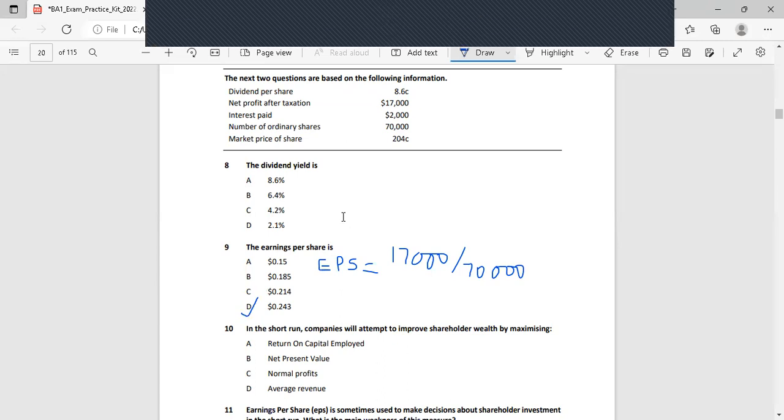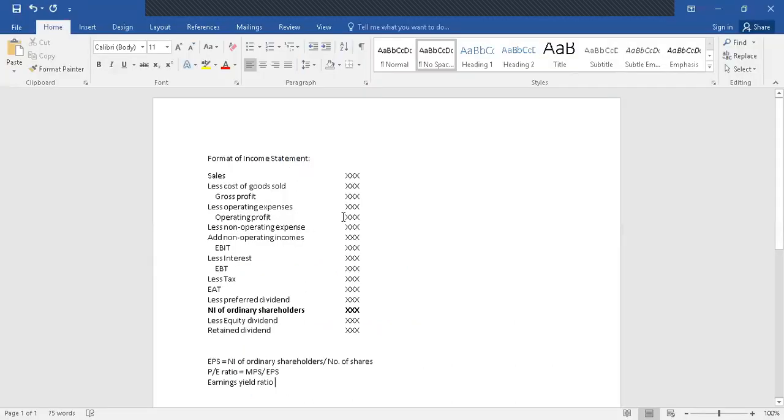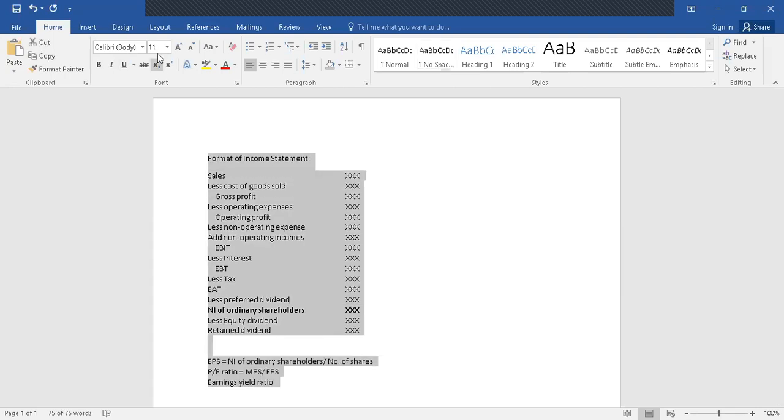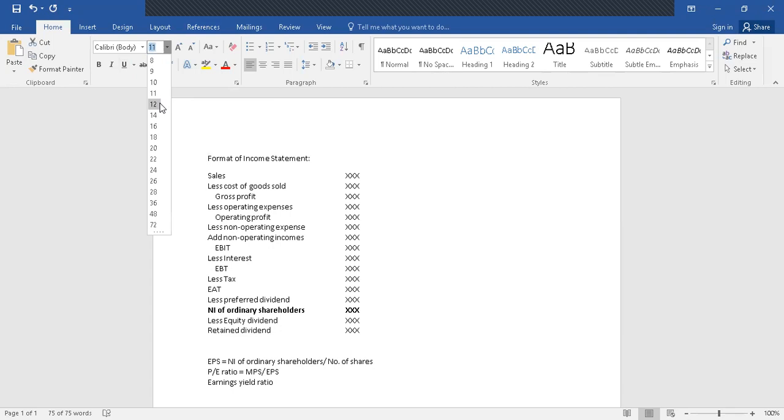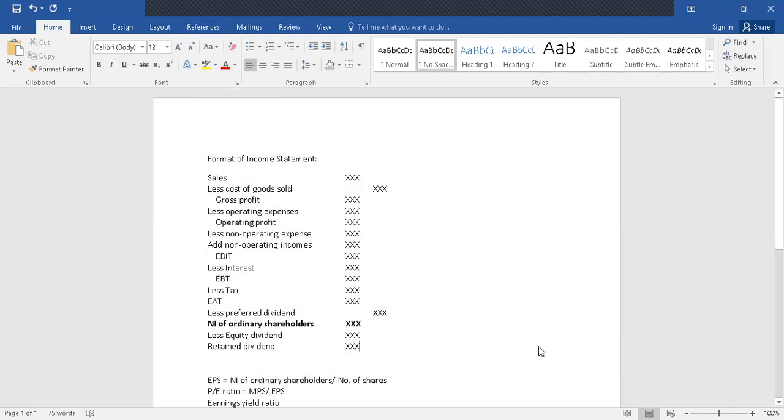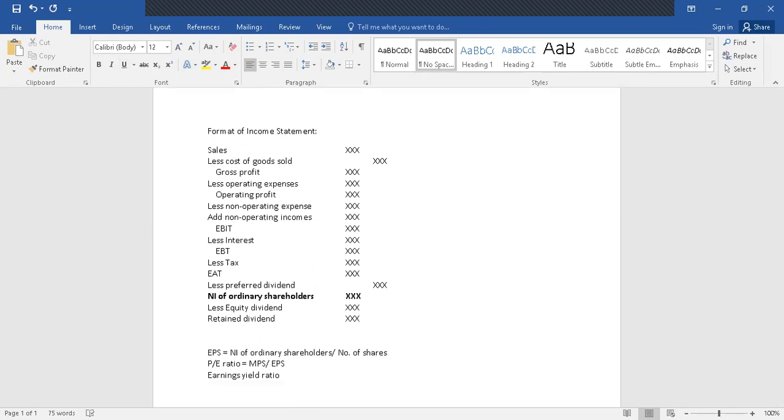I have started explaining about the other types of ratios that can be considered here in connection with short-term shareholder wealth maximization. We've already learned what EPS is. EPS talks about how much profit is available to ordinary shareholders. Apart from that, there are a few other ratios like the price earnings ratio. Price earnings ratio shows the reflection of earnings per share in the stock market with reference to market price per share.